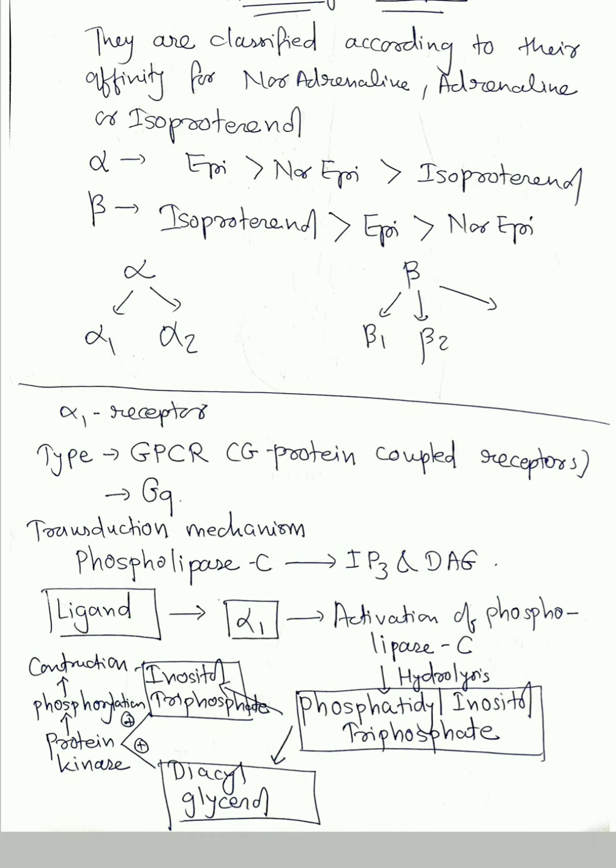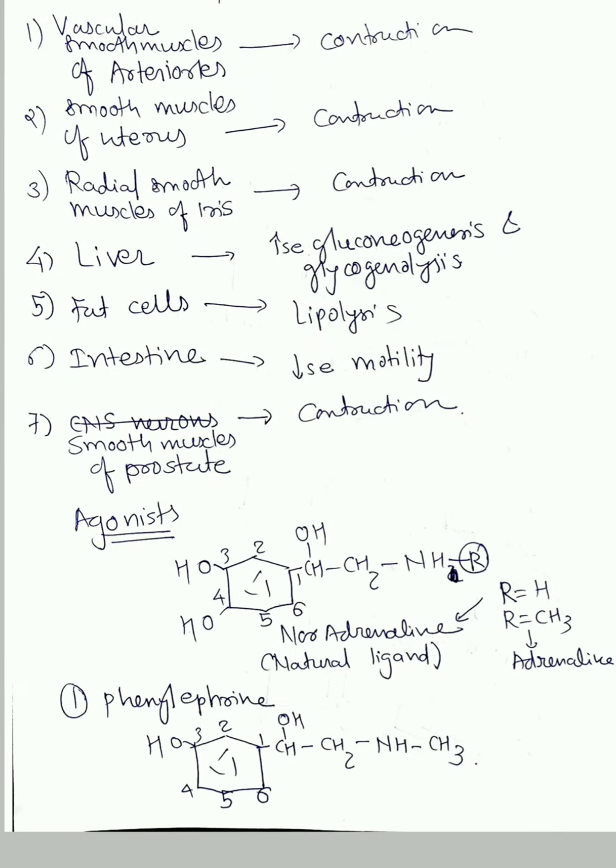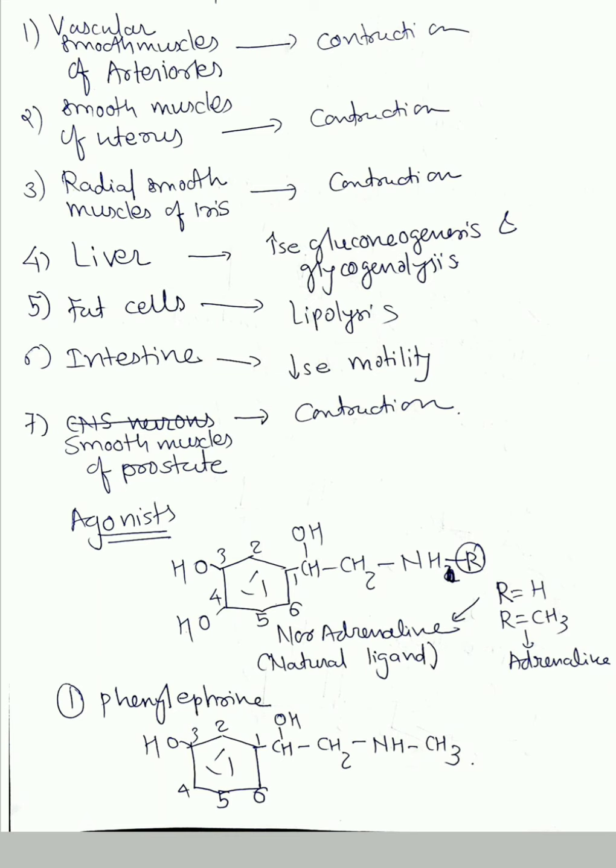Okay, clear? Next. Now we've seen the type of receptor, its transduction mechanism. Now we see where these alpha 1 receptors are actually located in the body and their function. So the first location is vascular smooth muscles of arterioles, blood vessels. And there what it does?